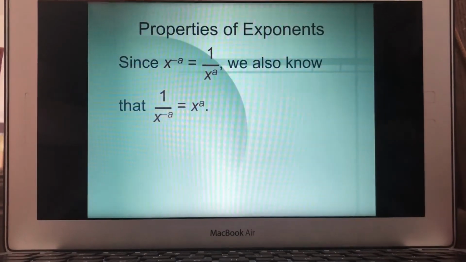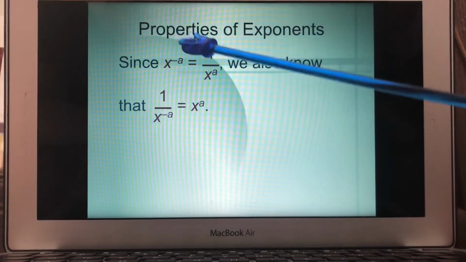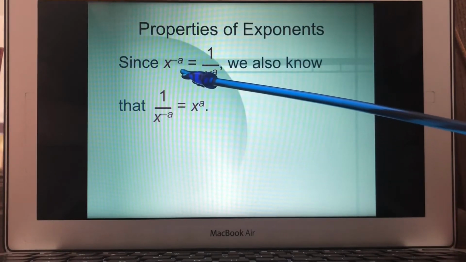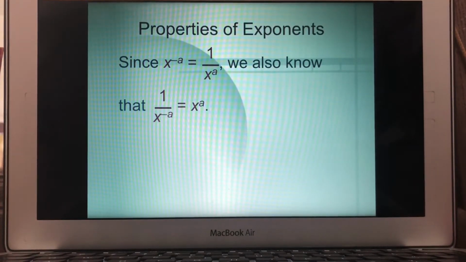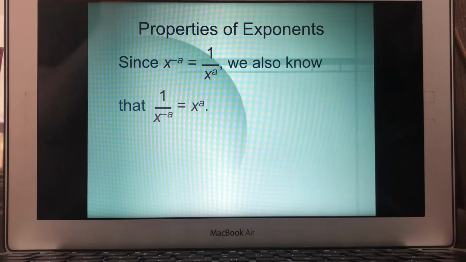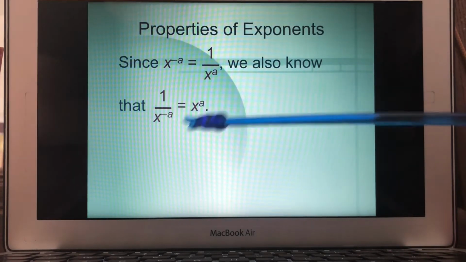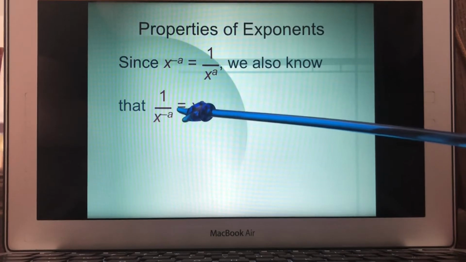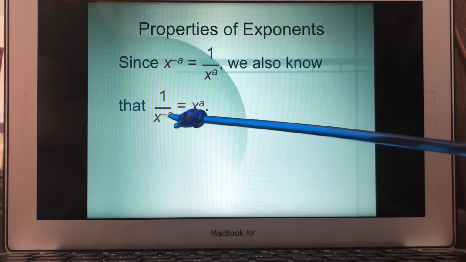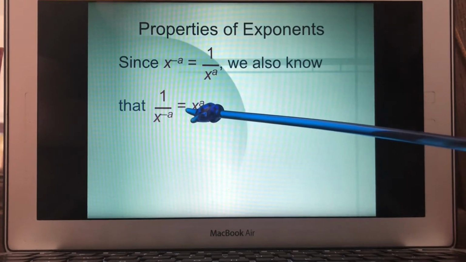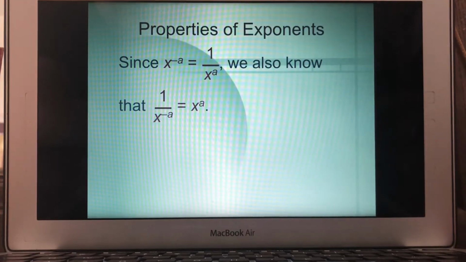Properties of exponents. Since x to the negative a is equal to 1 over x to the a, we also know that 1 over x to the negative a is x to the a power.